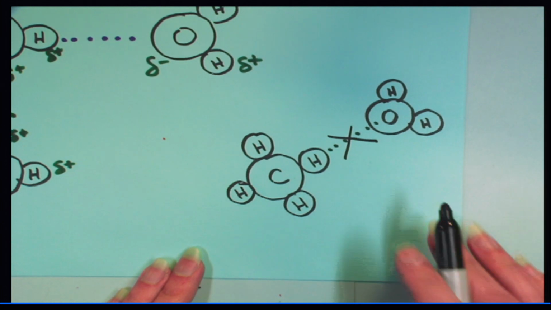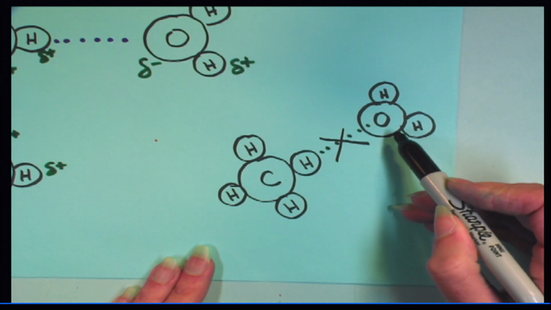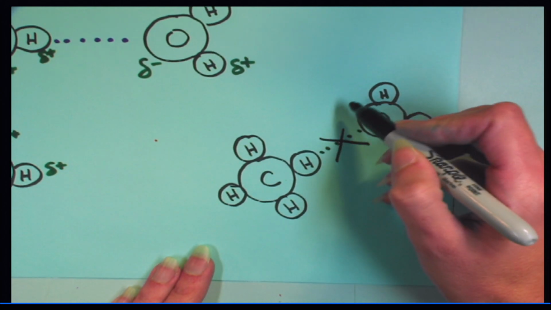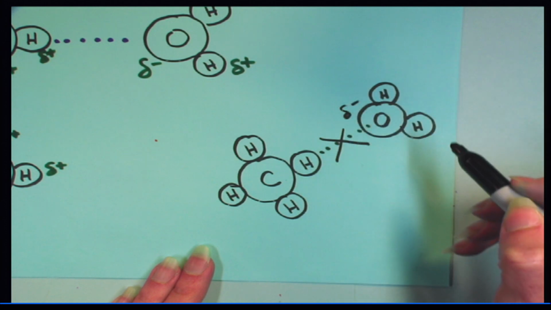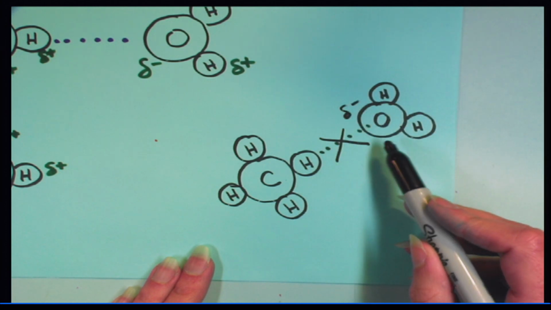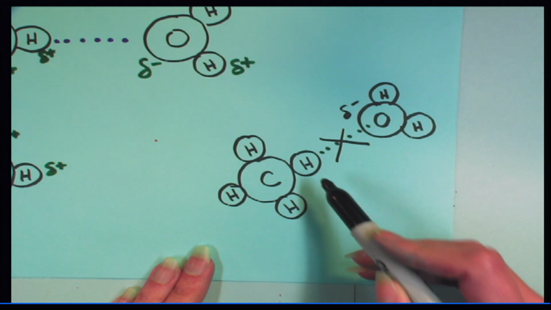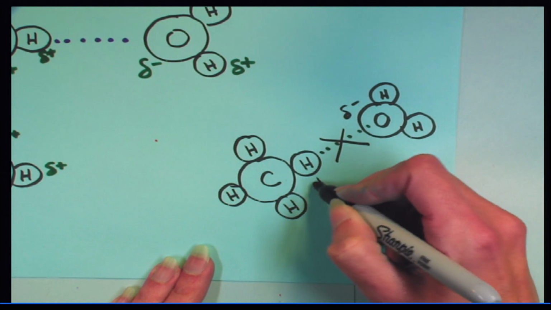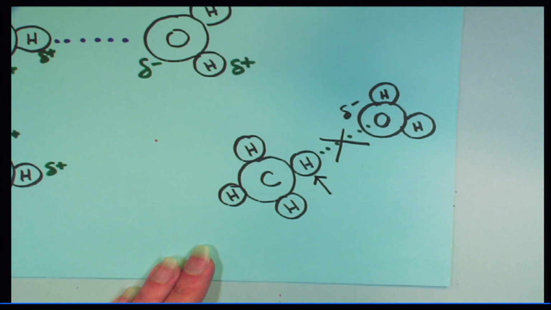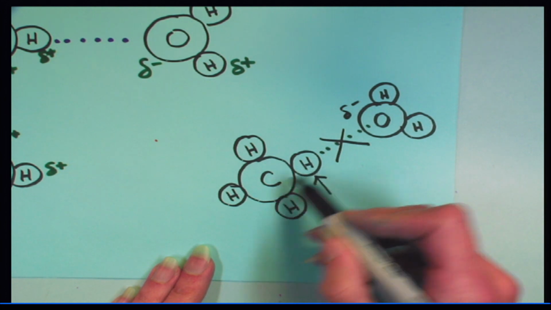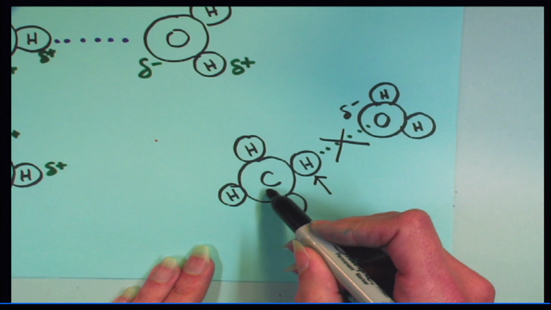Let's first take a look at the water molecule. We know that oxygen is an electron hog, so we have a partial negative here. So we know that the hydrogen bond needs to go to a partially positive hydrogen. But this is not a partially positive hydrogen. Why? Because it is not paired with an electron hog.